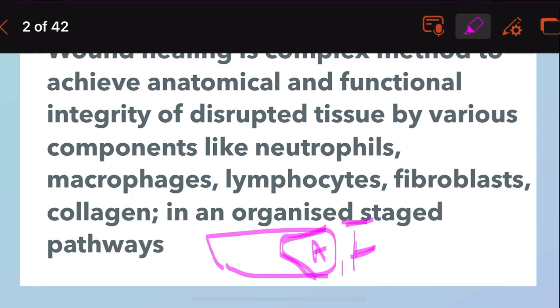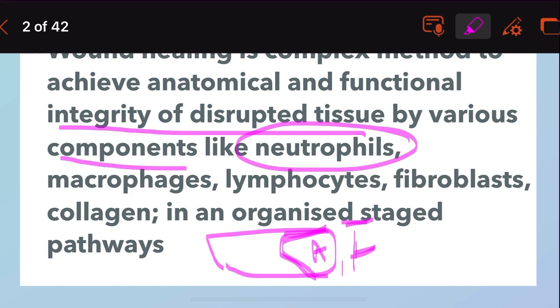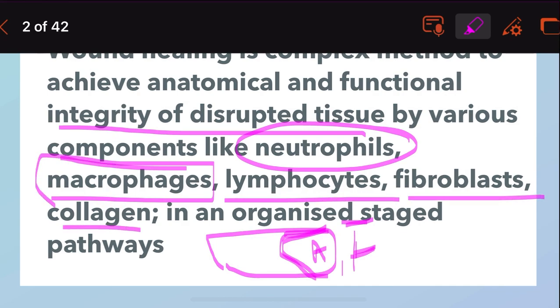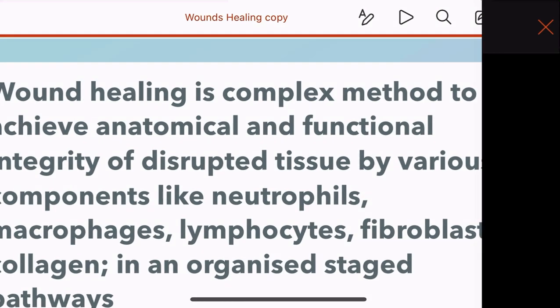Now you are achieving back the integrity of the disrupted tissue with the help of components like neutrophils, macrophages, lymphocytes, fibroblasts and collagen. All of this happens in an organized staged pathway, which we will deal with in the upcoming slides.